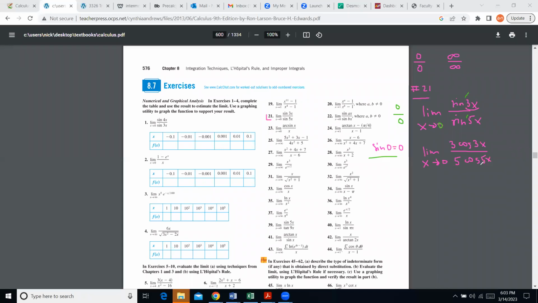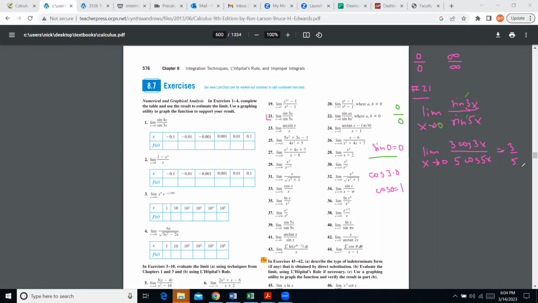So these cosines will turn into what? Cosine of 0, which is equal to 1. And that's why we just get 3 on the top and 5 on the bottom of our fraction. So using L'Hopital's rule is pretty straightforward for that type of exercise.